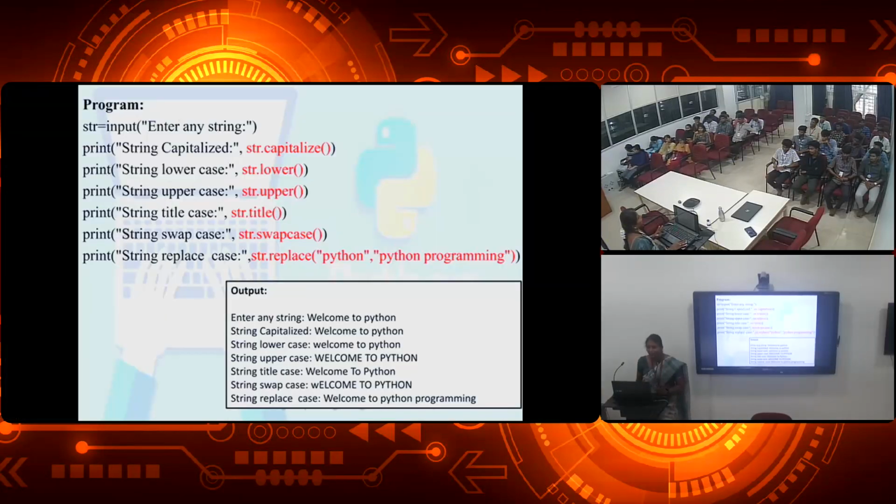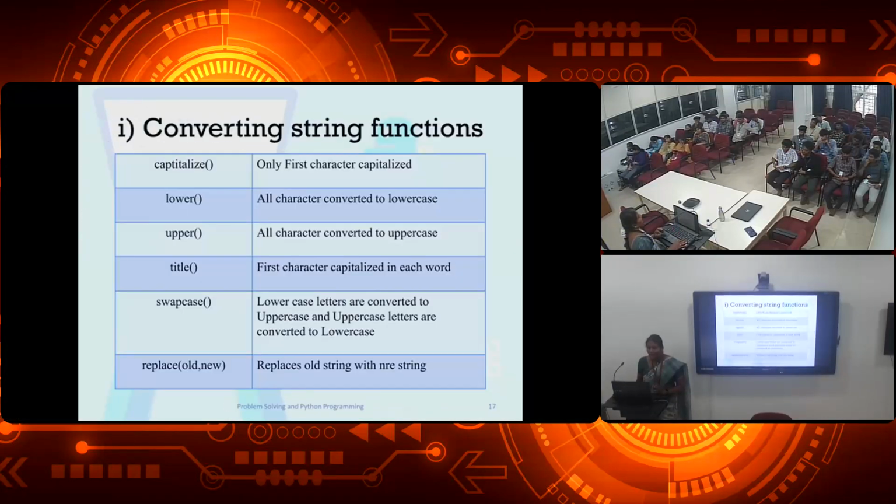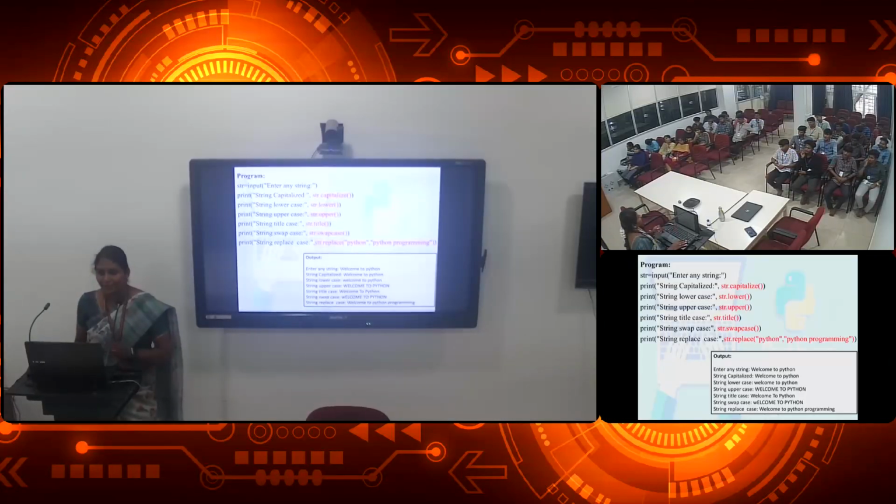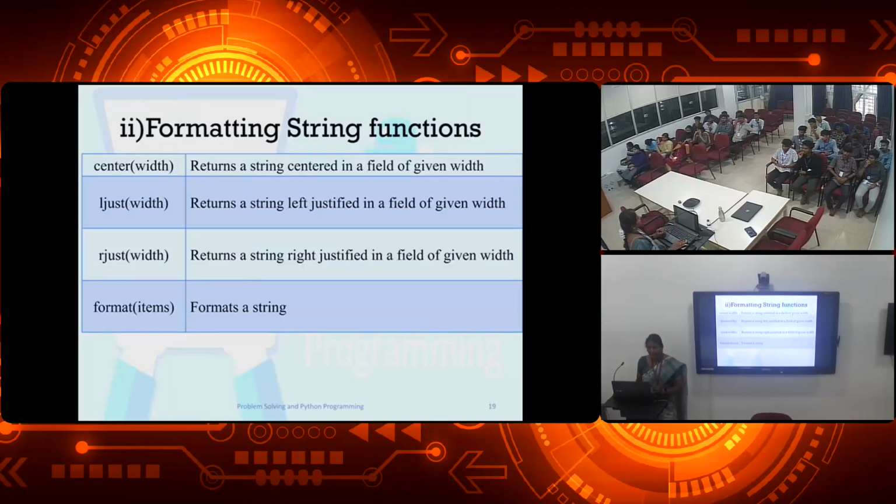This is an example for the string conversion functions. You can use string.lower, string.upper, string.title. If you call these inbuilt functions, we can change the case, lowercase to uppercase. Title case means you can change the first letter to a capital letter, and the other letters are shown in normal lowercase.